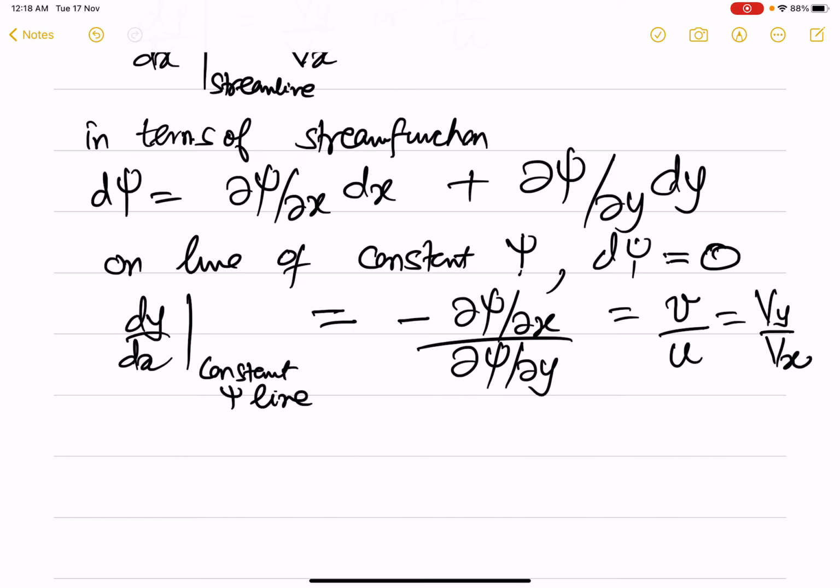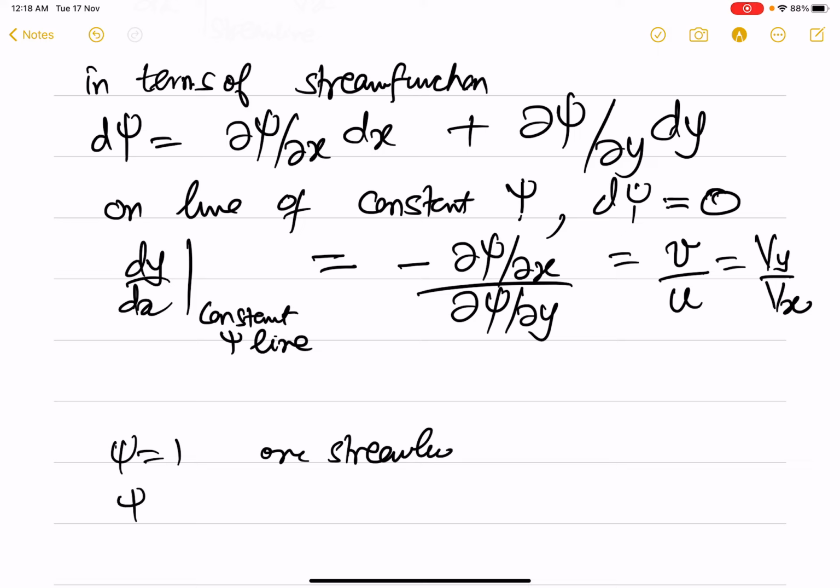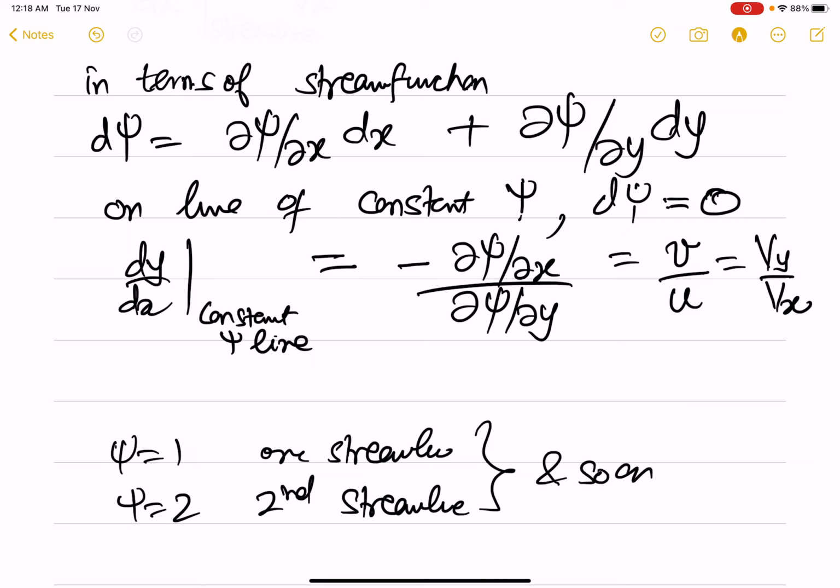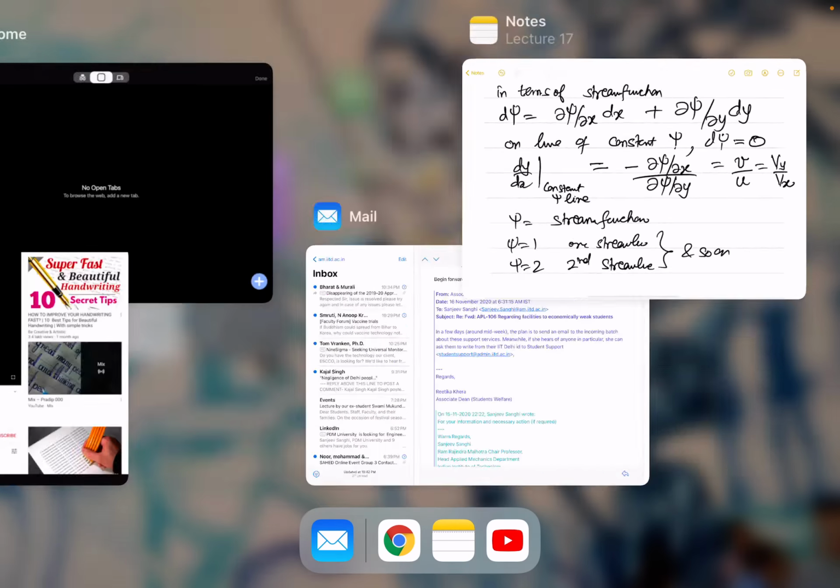So therefore lines of constant psi give us the different streamlines. We put psi is equal to 1, we will get one streamline. We put psi is equal to 2, we get the second streamline, and so on. So psi is the stream function. If we know the stream function for a flow, then we just put different constants, and each of these constants will give us one streamline.